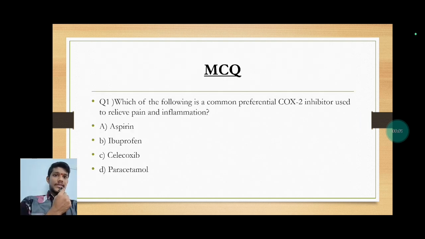Question number 1. Which of the following is a common preferential COX-2 inhibitor used to relieve pain and inflammation? Option A, aspirin, option B, ibuprofen, option C, celecoxib, or option D, paracetamol. Answer is C, celecoxib.